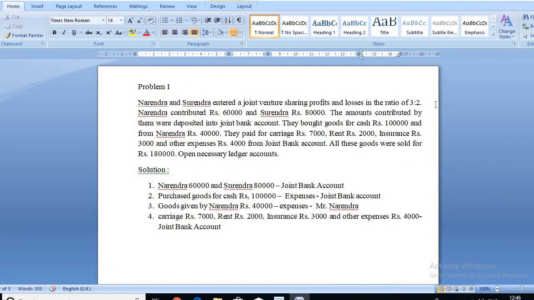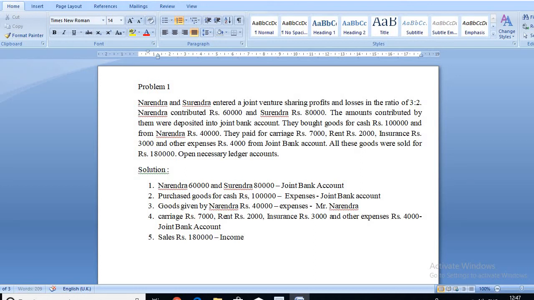But there is one more transaction. The last transaction: all these goods were sold for rupees 1,80,000. Sales, how much? Rupees 1,80,000. Is this expenses or income? Sales is income. If we sold goods, we will get cash.